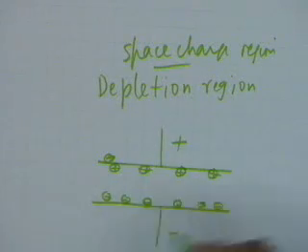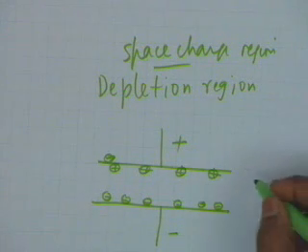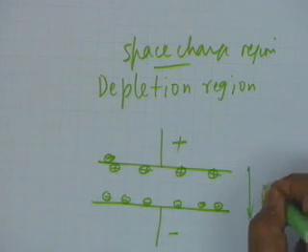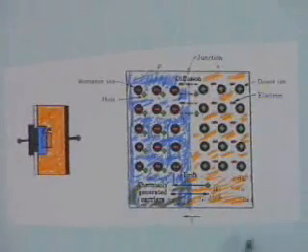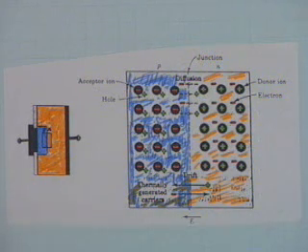All right. Charges are separated by a distance, and this is always accompanied by an electric field. What is the direction? From positive to negative. Okay. So in the junction you see, I bring back this slide, the electric field is in this direction, from right to left, because the positive charge is on the right hand side. Now, as soon as an electric field is created, drift can occur. All right. Who will move under the drift?